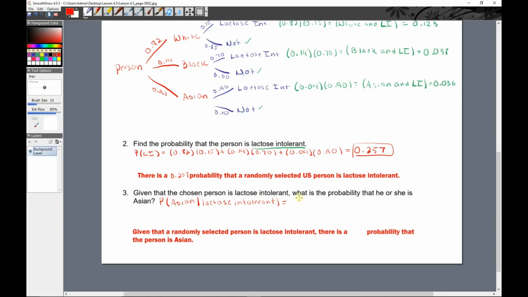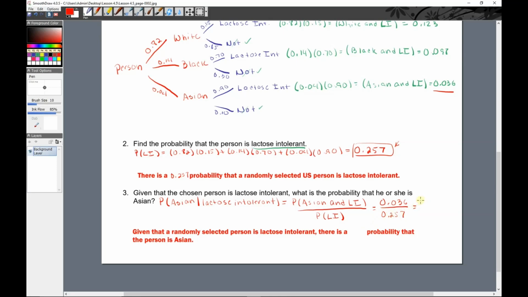That would be the probability of Asian and lactose intolerant divided by the probability of lactose intolerant. We know those numbers. Asian and lactose intolerant is this, so that'll be 0.036. And then the probability that a person is lactose intolerant would be that, 0.257.